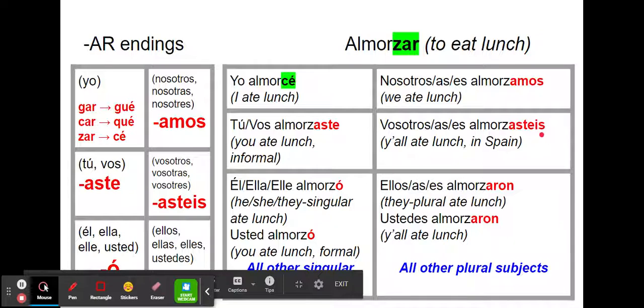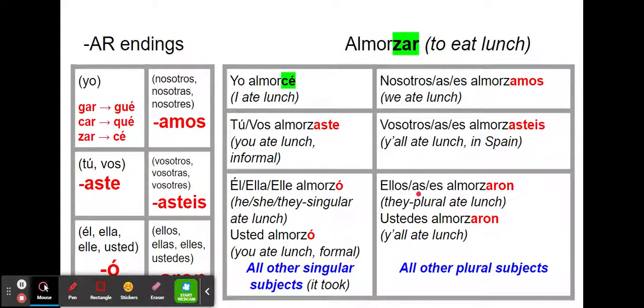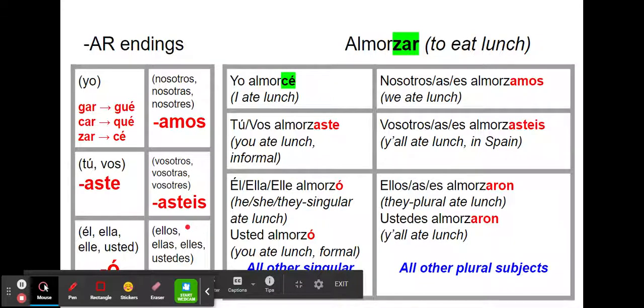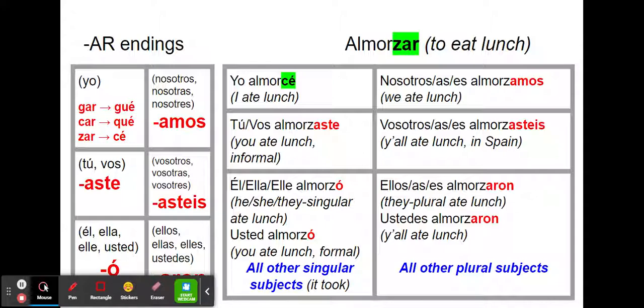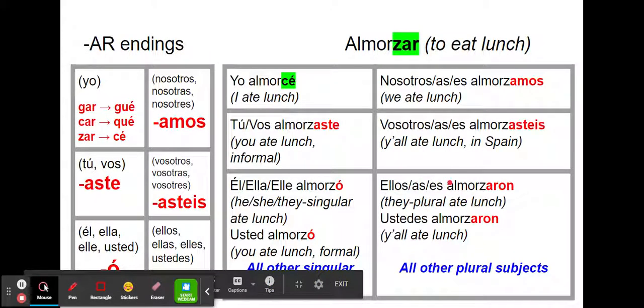Almorzasteis. Y'all ate. This is used in Spain. Ellos, ellas, or elles almorzaron. The ARON comes from the ellos, ellas, elles ending, aron. So that would be they ate lunch. And then finally we have ustedes almorzaron, which is y'all ate lunch.